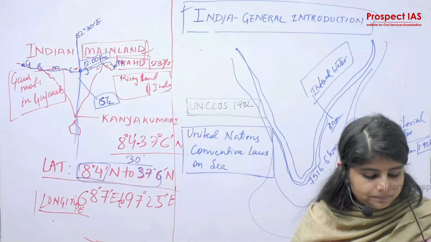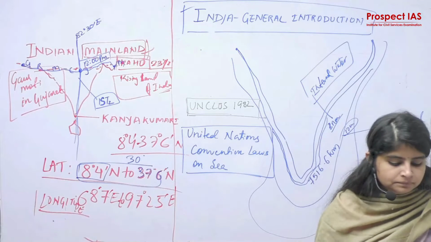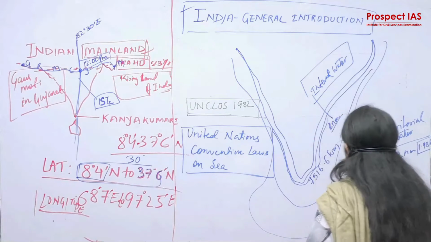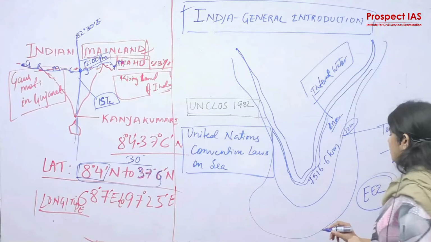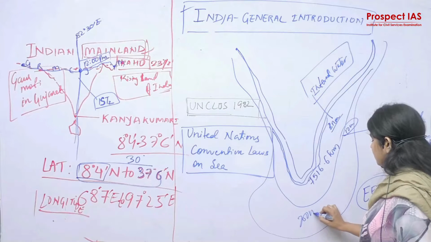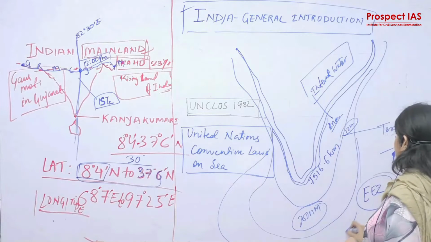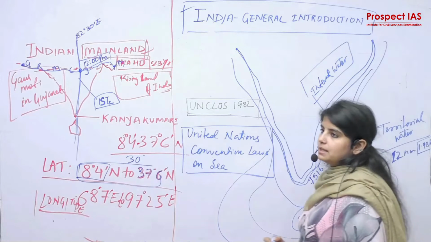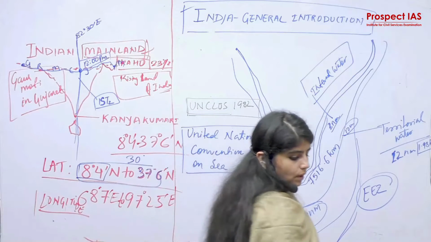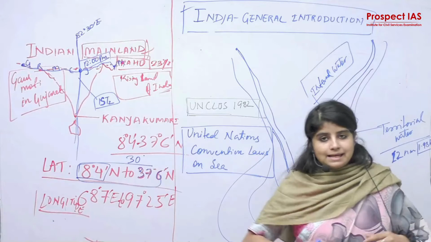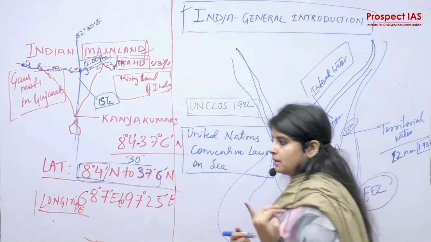Third is your exclusive economic zone, EEZ. This exclusive economic zone is a vast stretch of the ocean up to 200 nautical miles, which lets you utilize the resources of the ocean.